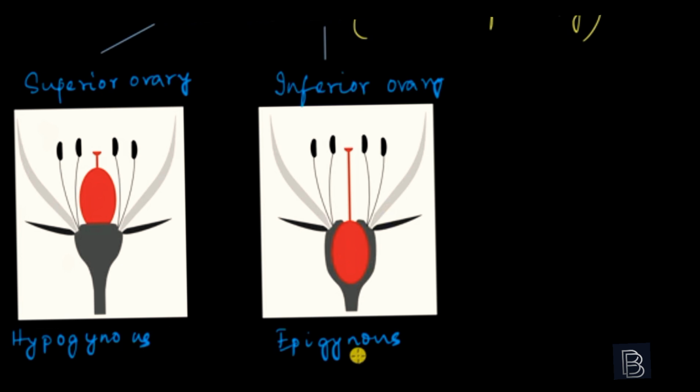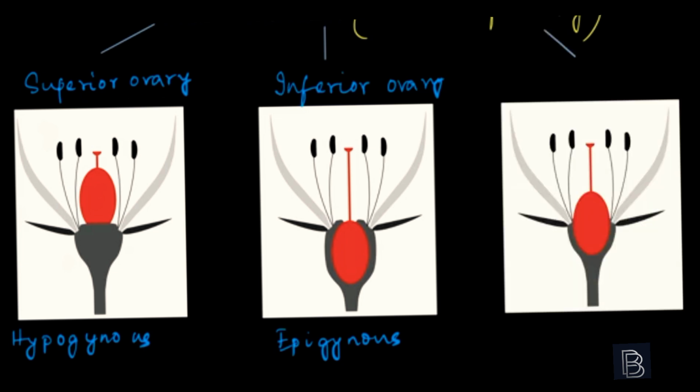Now there is a type of flower which has the ovary in between, neither quite superior nor quite inferior. So it's something like this. As you can see, the other parts of the flower are kind of in between, not quite above the ovary, not quite below the ovary, and this is said to be half inferior ovary.